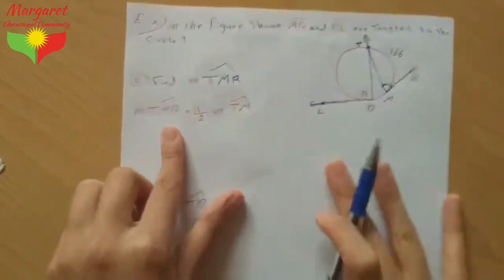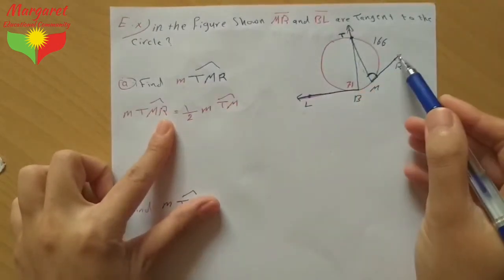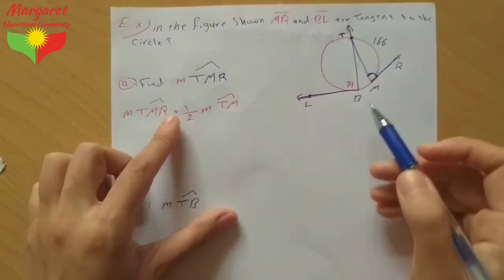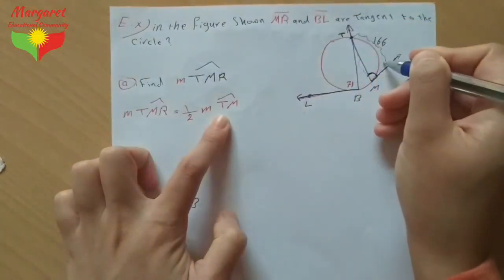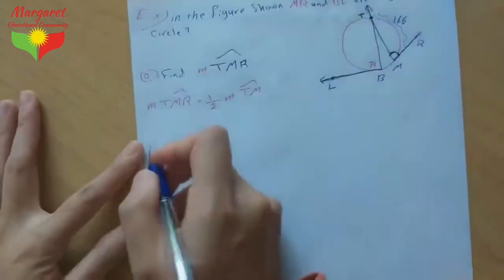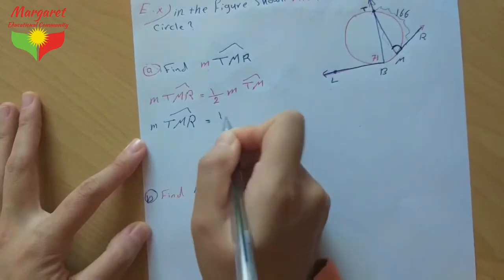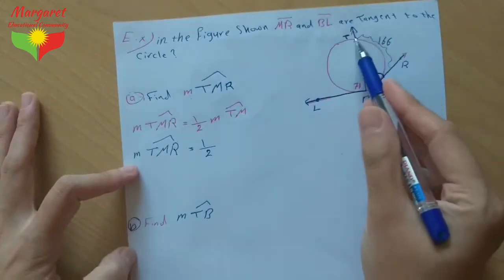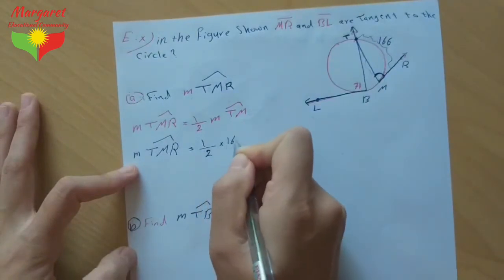So the measure of TMR, a tangential angle, equals half the measure of the intercepted arc TM. We have the measure of the intercepted arc TM, 166.